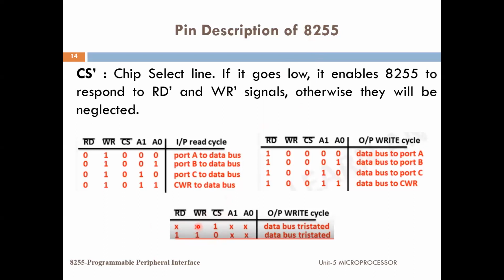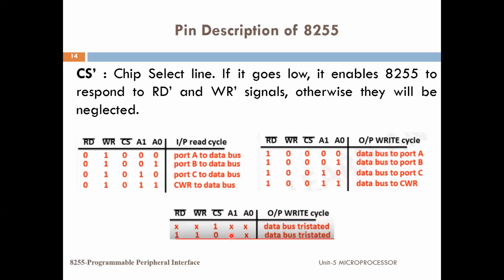It will not hold any significance, meaning it will not perform any operation. Under those conditions, the data bus buffer will enter the tri-state, because it will enter the high impedance state. It means that it will hold the data, but it will not transfer the data further onto the buses.